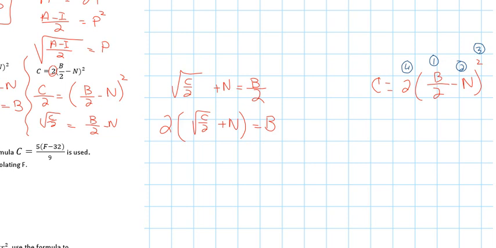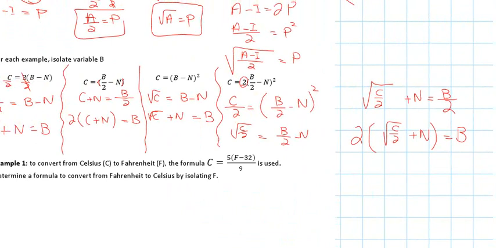Then you're going to get rid of that division by 2. So that's why it's called reverse BEDMAS. Because BEDMAS says you're going to have to do this, this, this, this, this. Then when I'm isolating, I'm going backward. Does that make sense to all of you?